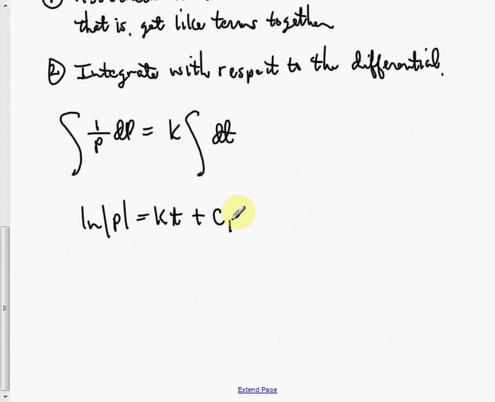Since we're solving ultimately for the population, we want to try to isolate P, get P by itself. What's the natural log? The inverse of the natural log is the e base, so I can exponentiate both sides.